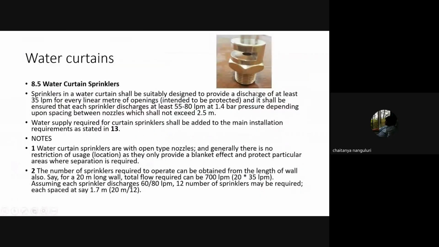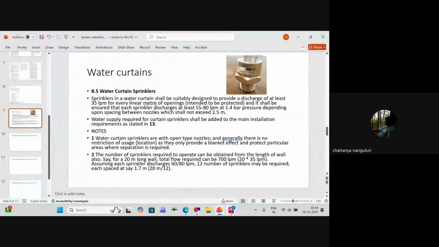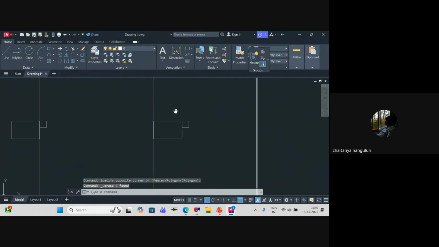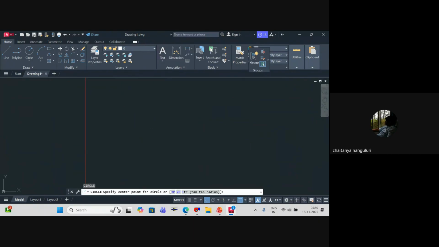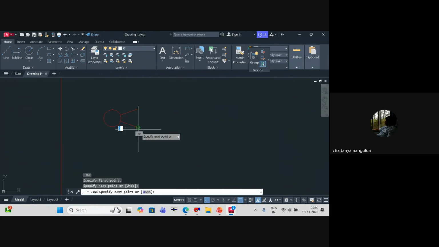So if I wanted it, how we are going to do it is, let's say, simple, at this location. So I'll just draw that. Just showing it like this as my water curtain nozzle.